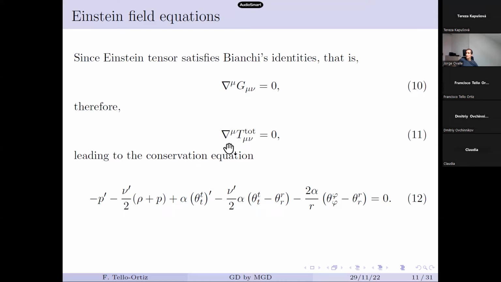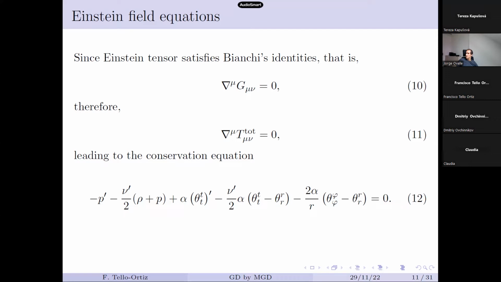When you compute this subject to the spherically symmetric line element, you find this conservation equation, equation 12. And now you can see the first consequence of introducing the theta sector in the system.